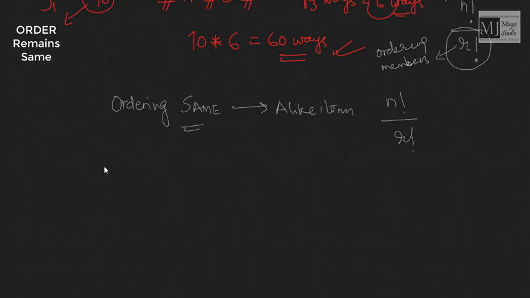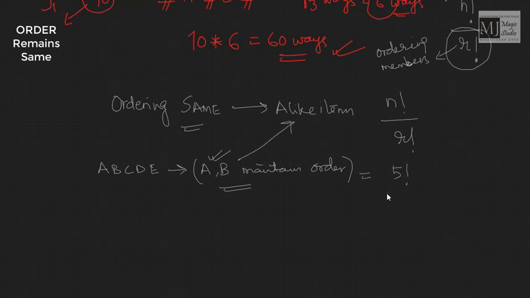So if in our previous example A, B, C, D, E need to be arranged such that A and B maintain order, that means A is always to the left of B, or B is always to the right of A. Two people are always in order, so treat them as alike items, and the final answer you can calculate very easily: 120 by 2, which is 60.